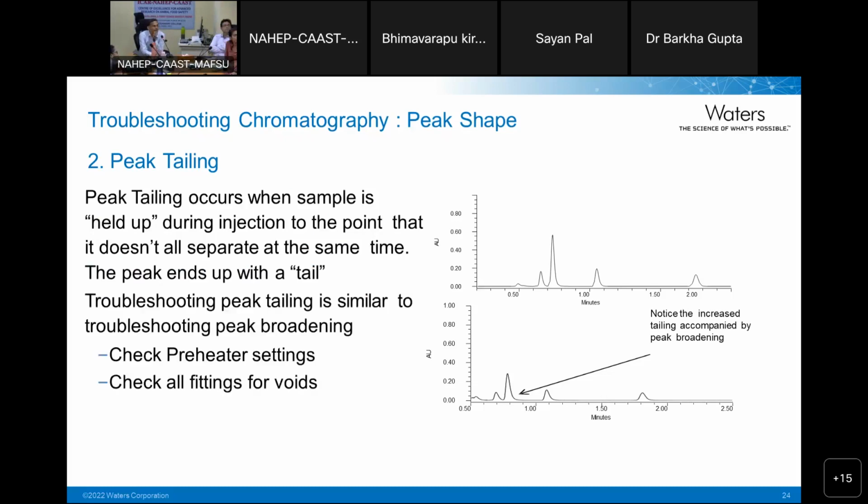It is similar to peak broadening. The probable causes are the preheater settings and the voids in the fittings. You can eliminate those, and probably you can eliminate the tailing issues.